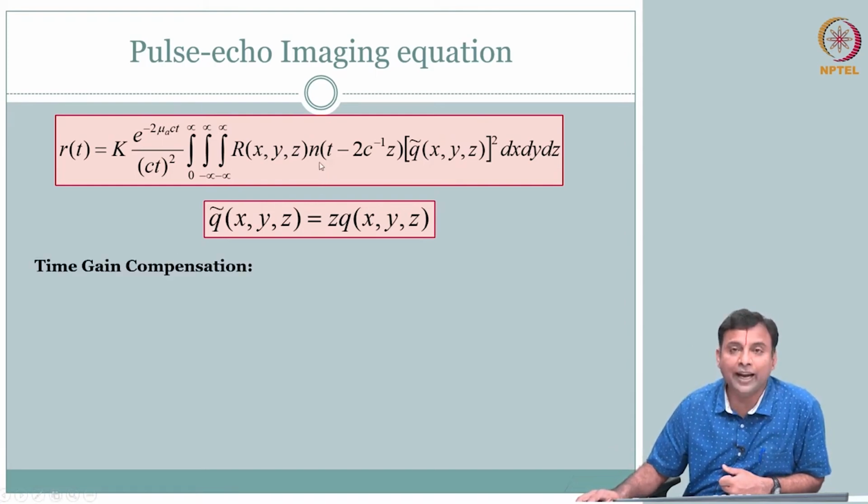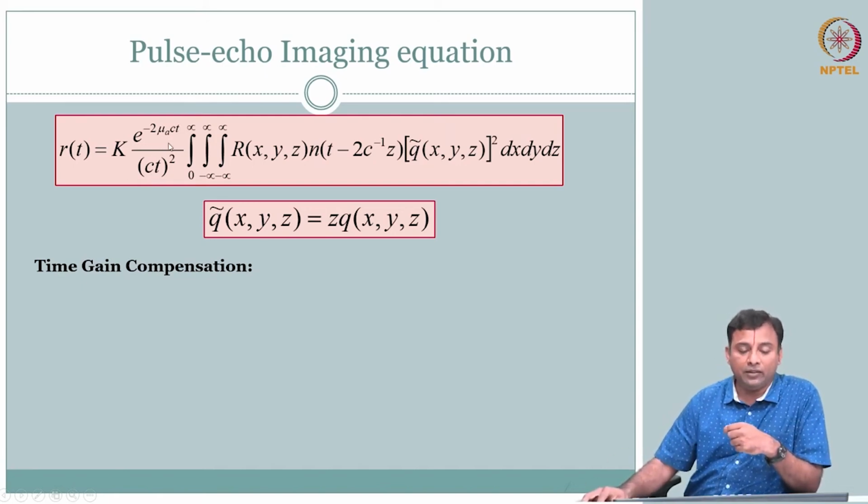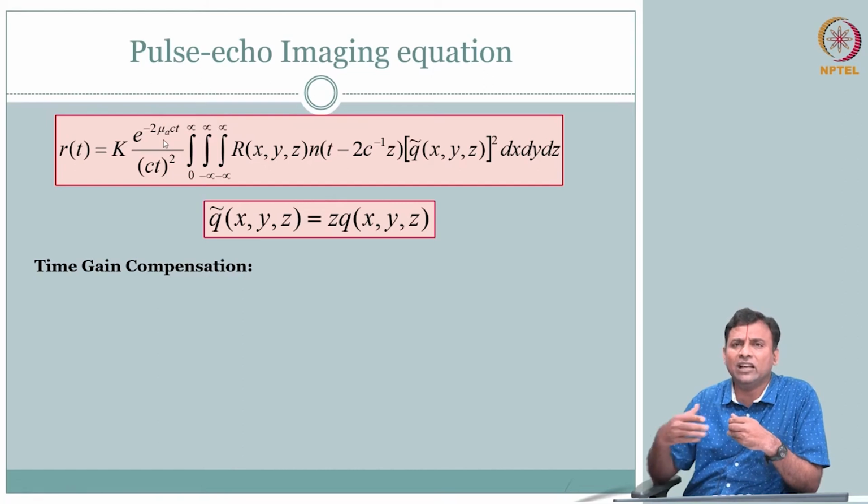Okay, before we write down the n of t, we can make life simple. All this constant that you have is all a function of t, meaning this is some factor. You see this mu a c t, mu a is what? Oh, your attenuation. So essentially signal loss.